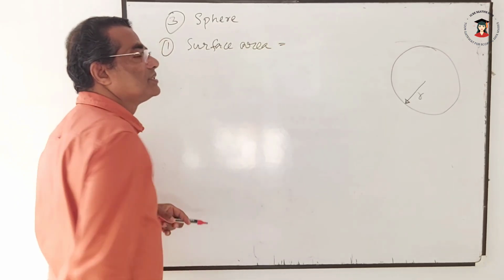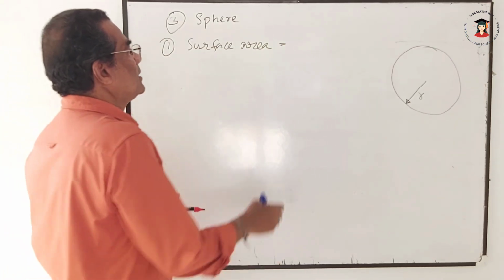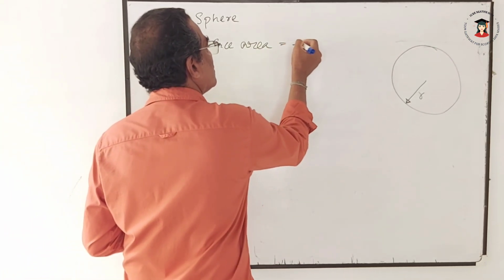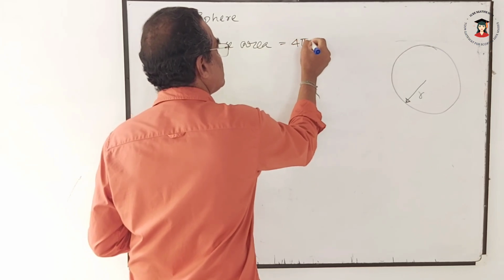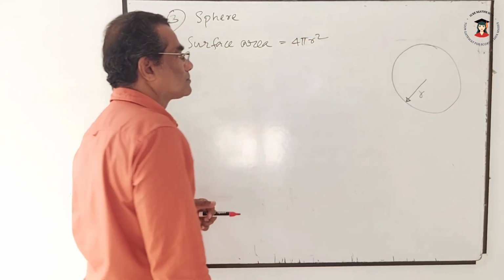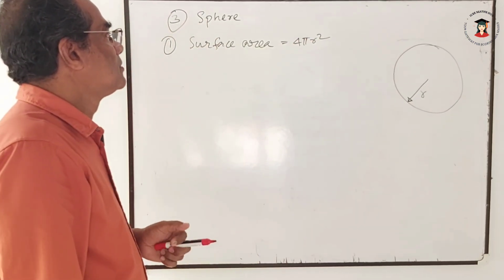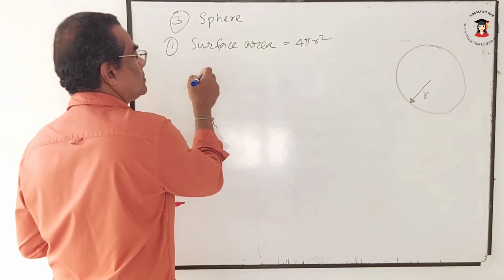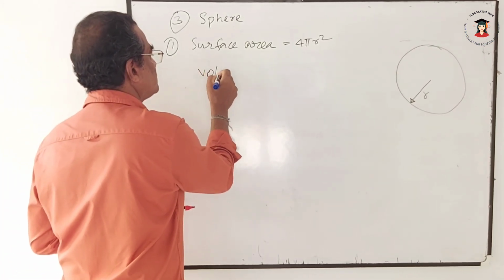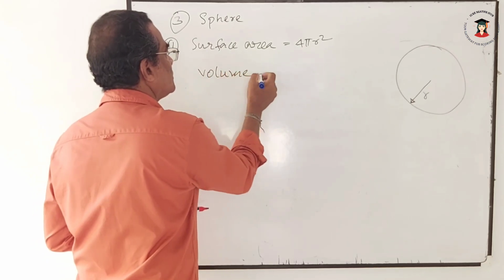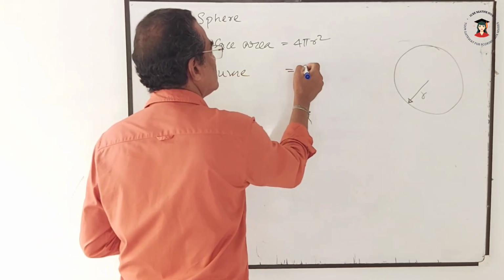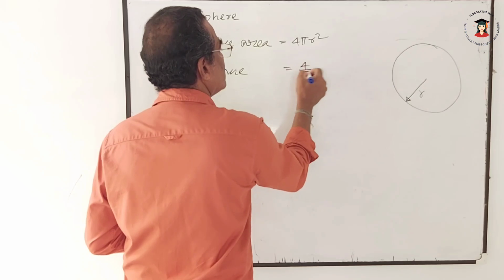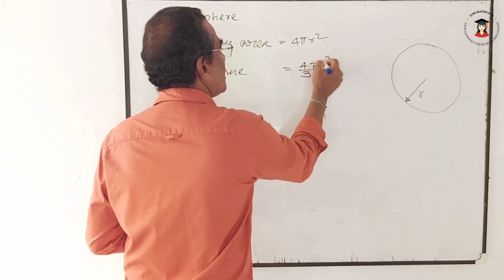Surface area of a sphere is calculated using the formula 4 pi r square, and volume equals 4 by 3 pi r cube.